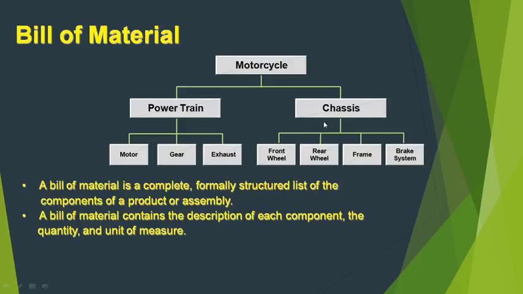Like to create the chassis we need front wheel, rear wheel, frame, brake wheel. So a bill of material is a complete, formally structured list of components of a product or assembly. It contains the description of each component, the quantity and the unit of measure.